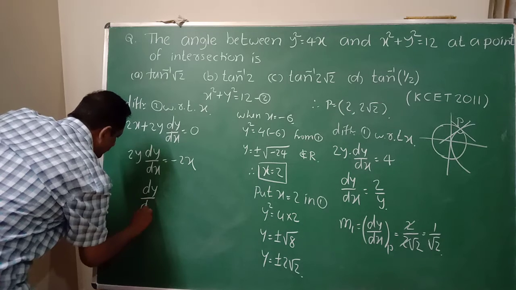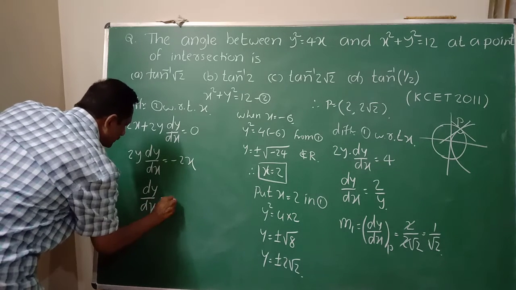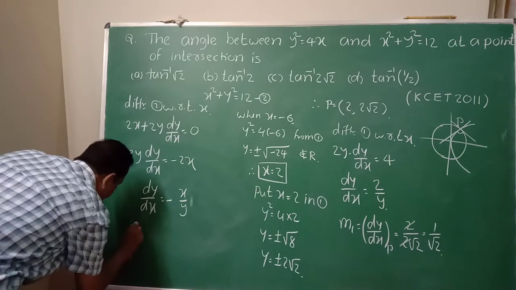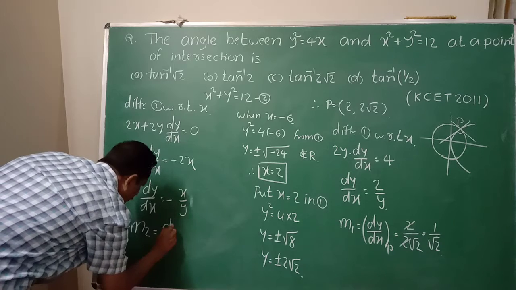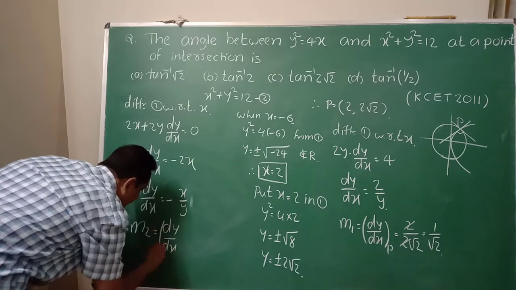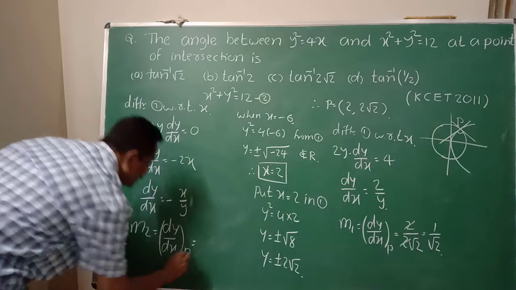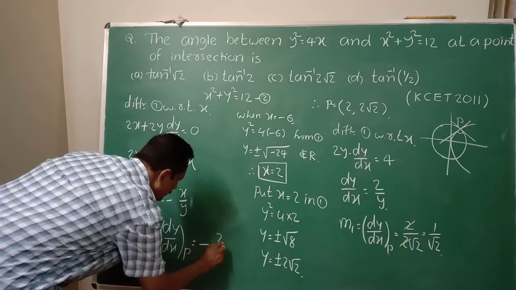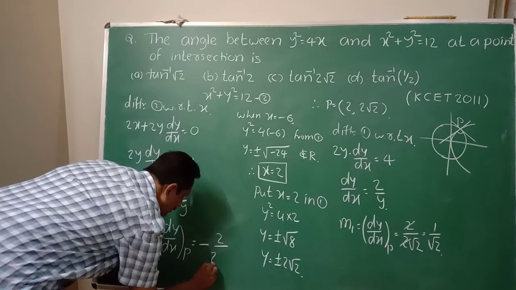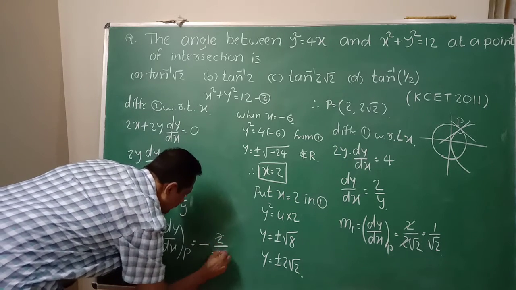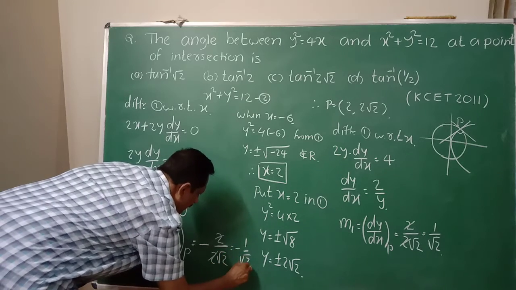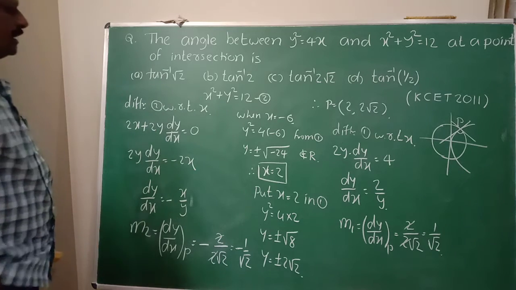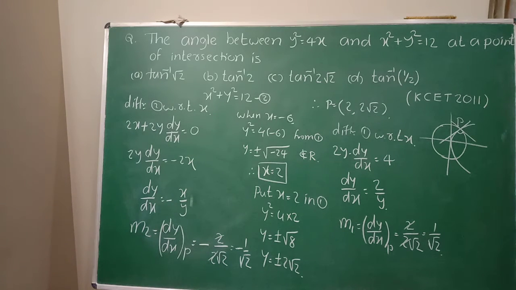So dy upon dx is equal to minus of x divided by y here. So therefore m2 is equal to dy upon dx at the point P here. So minus of the coordinates of P, x coordinate is 2 and y coordinate is 2 root 2 here. 2 and 2 cancel, minus of 1 divided by root 2 here. So this is m2. It is the slope of the tangent to the circle here.